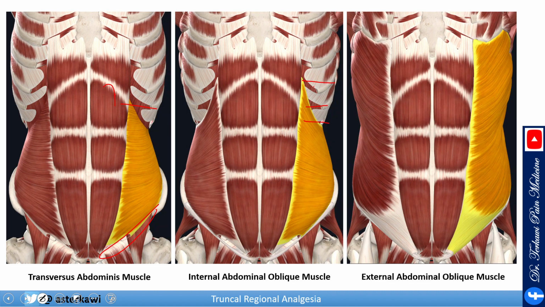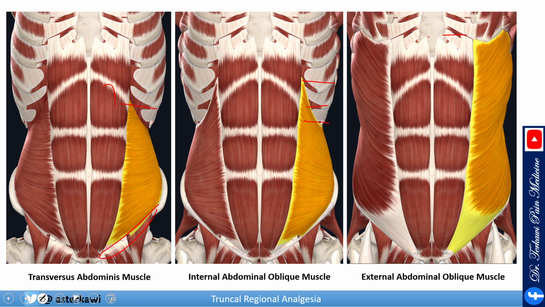Then above that, the most superficial muscle and the largest muscle among them is the external abdominal oblique muscle, which originates way higher from the 5th to the 12th rib, outer surface, and it goes medially and inserts in the linea alba, pubic tubercle, anterior iliac crest.